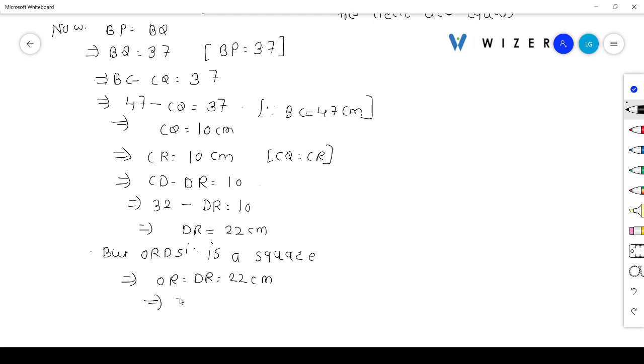That is, R is 22 centimeters. Hence, R is 22 centimeters.